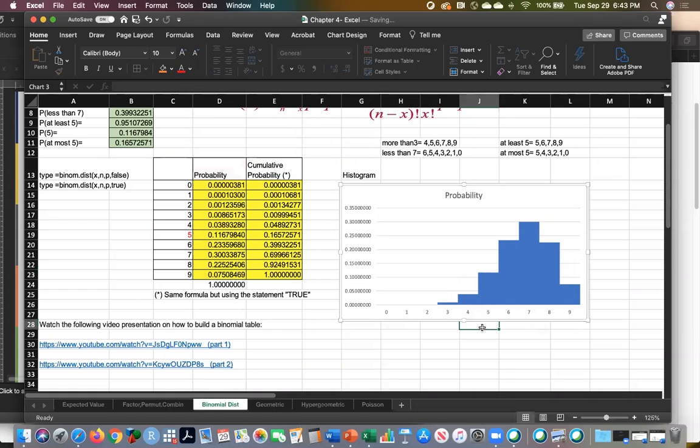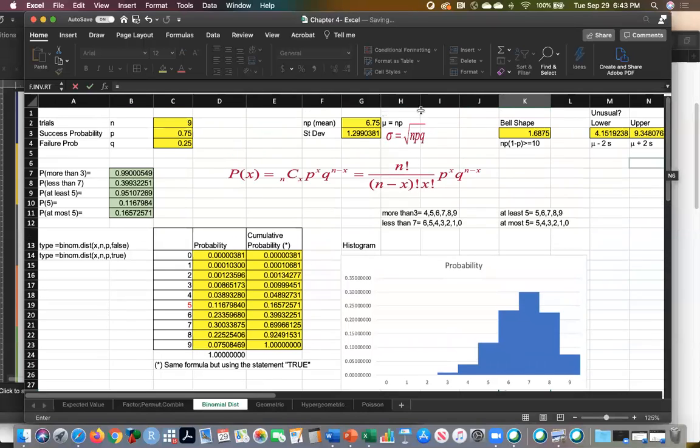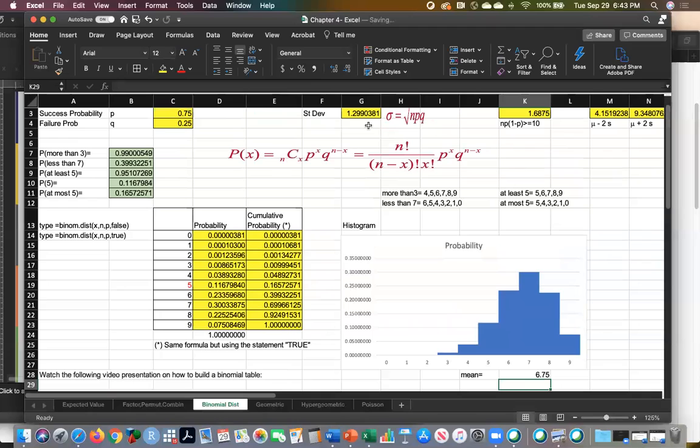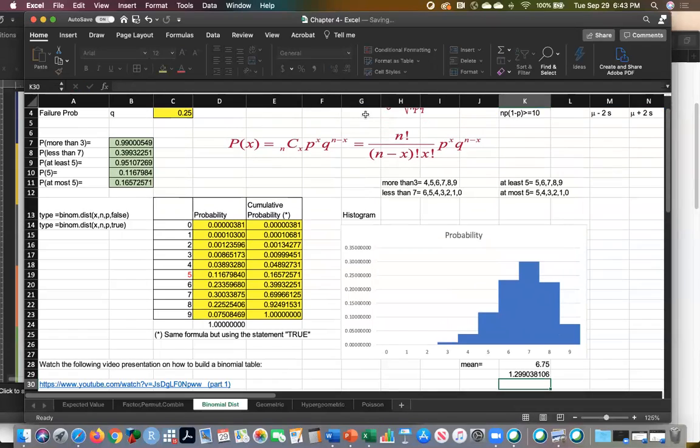We have a mean value that was equal to how much? Let me take that value from here. We have a value that is 6.75, and we have a standard deviation that is going to be equal to this point, right? Let me erase some of the zeros.